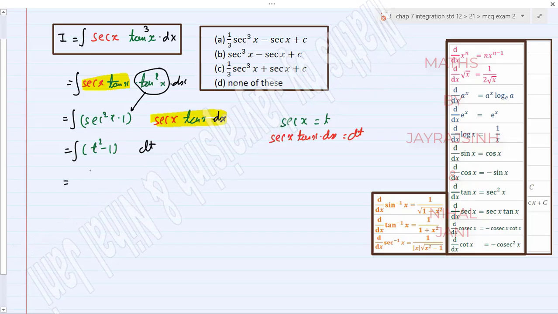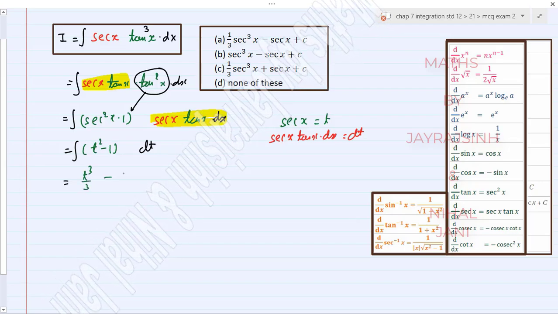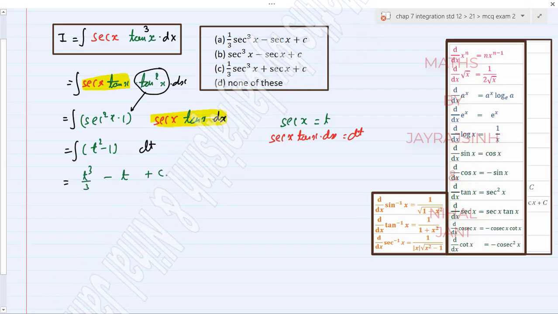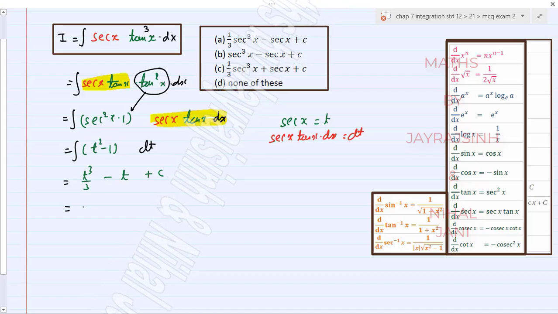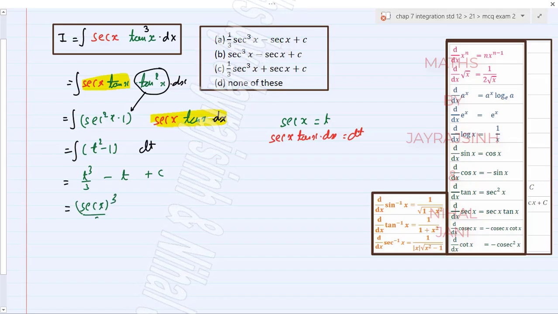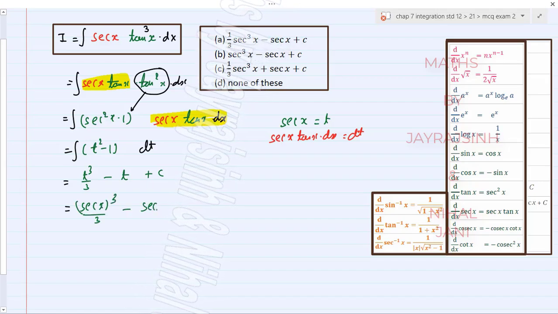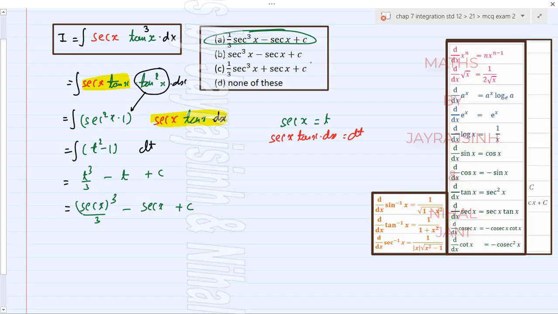So integration of t square will be t raised to 3 by 3 minus integration of 1 will be t plus c. To get the final answer, just substitute the value of t, which is sec x, so we get sec x whole cube by 3 minus sec x plus c, which is given in option A. Ta-da!